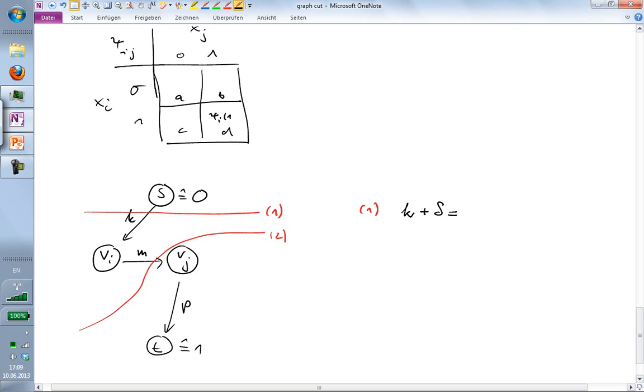So this is psi ij of 1, 1, excuse me. I'm writing them down here explicitly.